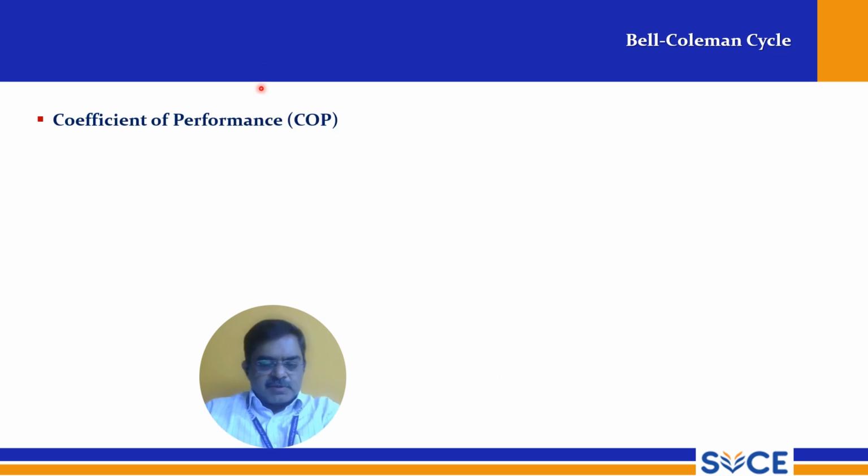The coefficient of performance is very important. When you compare the coefficient of performance to the reversed Carnot cycle, the COP for this particular cycle is lower because it is a practical cycle. COP is heat absorbed divided by work done, as we know right from the beginning of this unit.